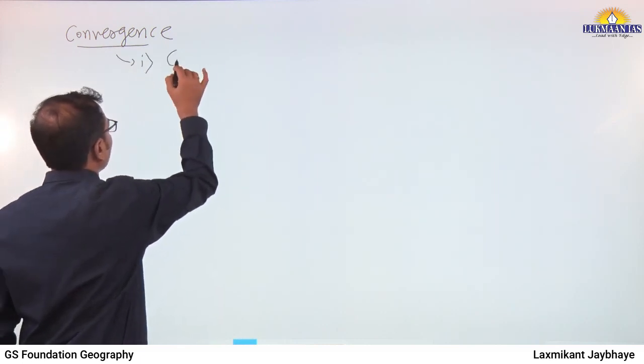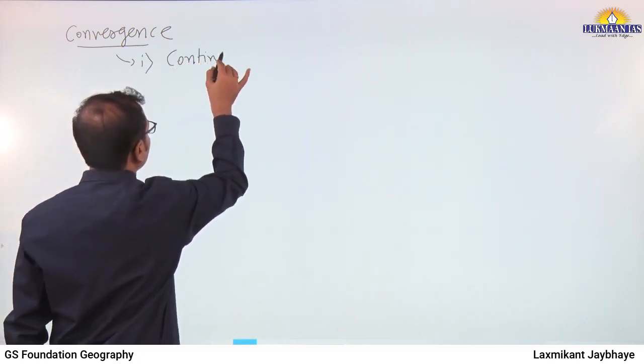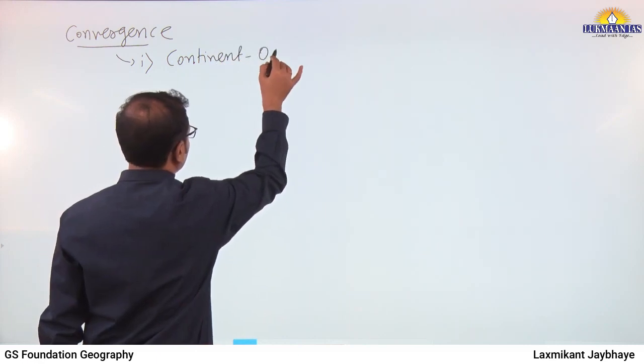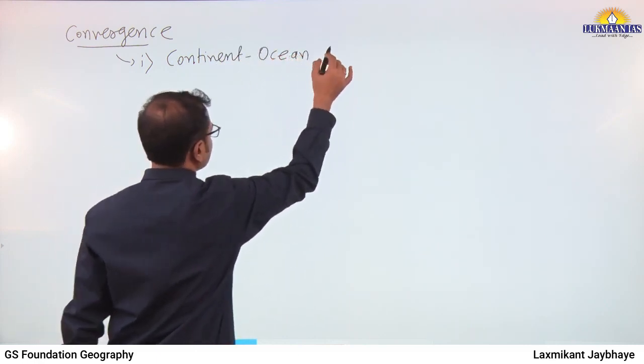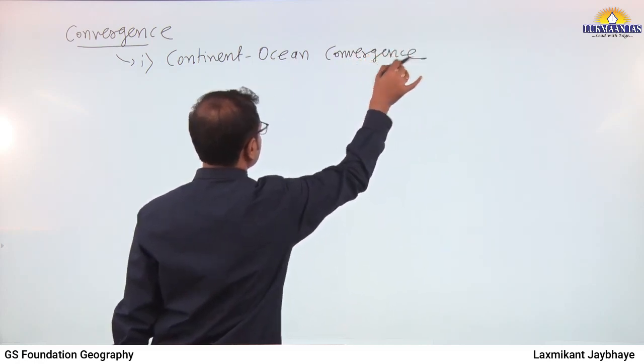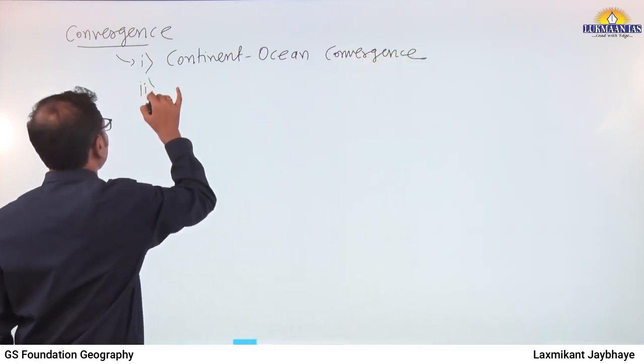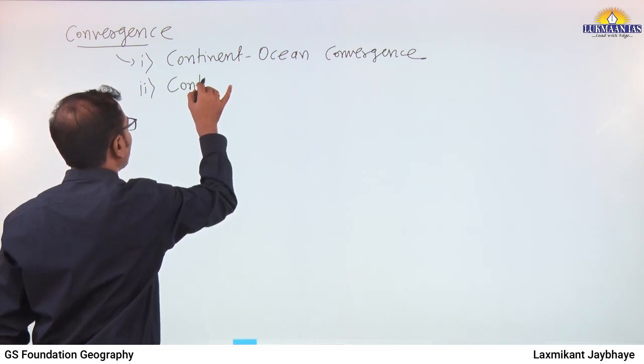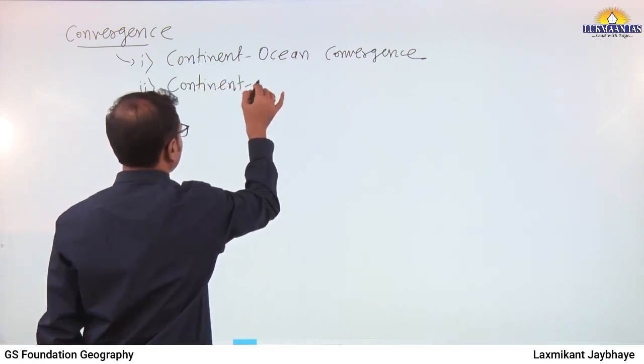Just now we talked about the first, continent-ocean convergence. Second type, continent-continent convergence.